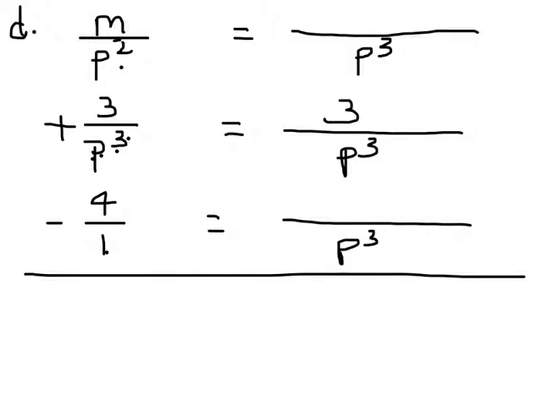Here, I've got p squared, so I'm missing 1p from here. So I'm going to multiply m times p, and I get mp. And here, I have 1, but I'm missing the whole p cubed, so I'm going to multiply by p cubed, and I get 4p cubed.